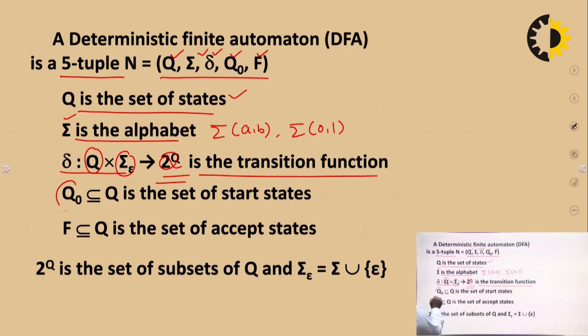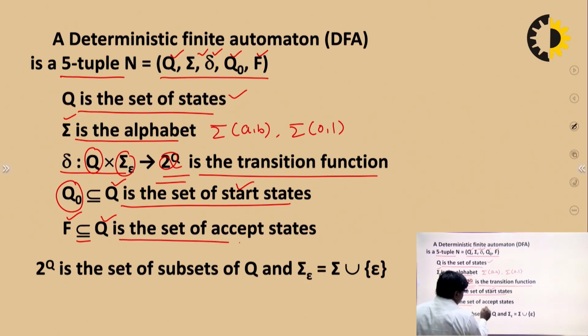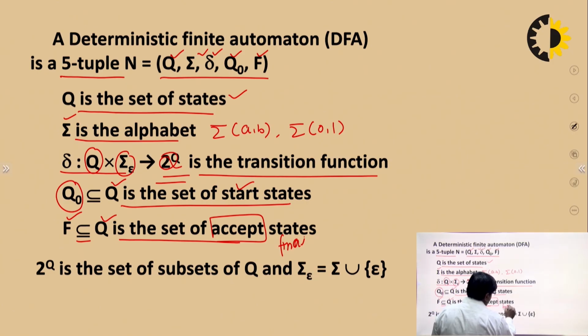Now, the initial state is a subset of the Q. It is the set of start states, or it is known as the initial state. Now, F is also a subset of the Q. It is known as the accept state or the final state. Now, here is a Q. Q is a set of subsets.